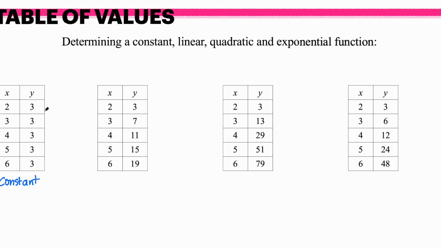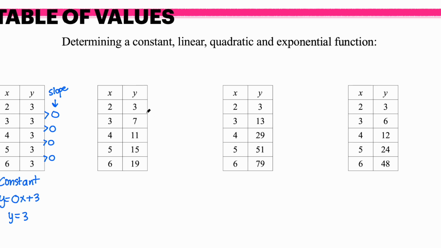If you look at the y values from 3 to 3, it adds 0 each time. 3 plus 0 is 3, 3 plus 0 is 3, plus 0 is 3. This would be what you consider the slope. It is constant. And so you would have y equals 0x, and then what your y value is will be your answer. So the constant would be y equals 3 in this case.